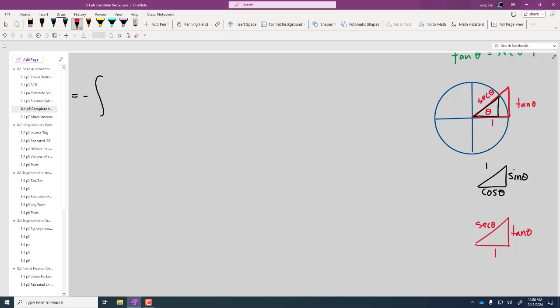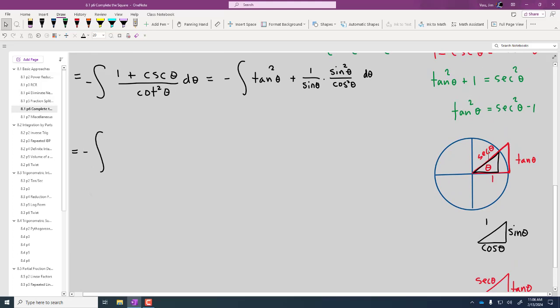Okay, so that allows us then to say the following. That's what you have to subtract. So tan squared, we look at this, is going to be the hypotenuse squared minus 1, right there. So tan squared is secant squared of theta minus 1. And now over here, we can cancel out one sine. So that exponent is going to wipe that out.